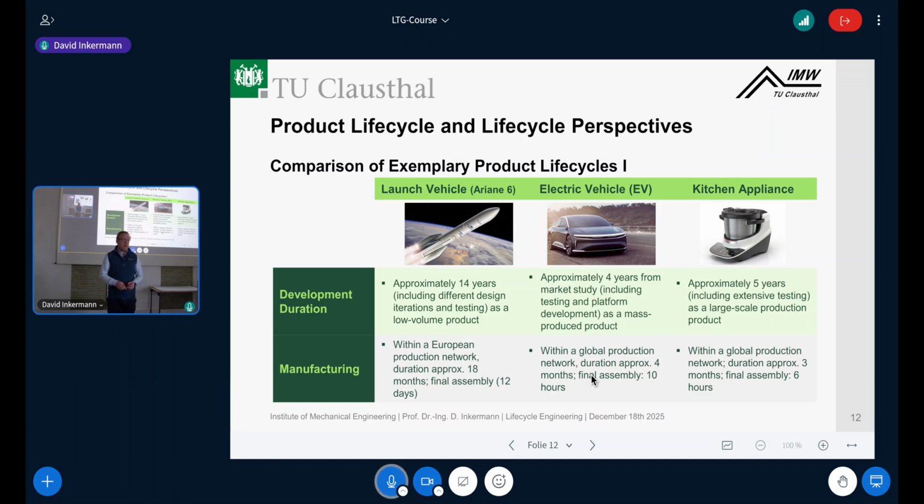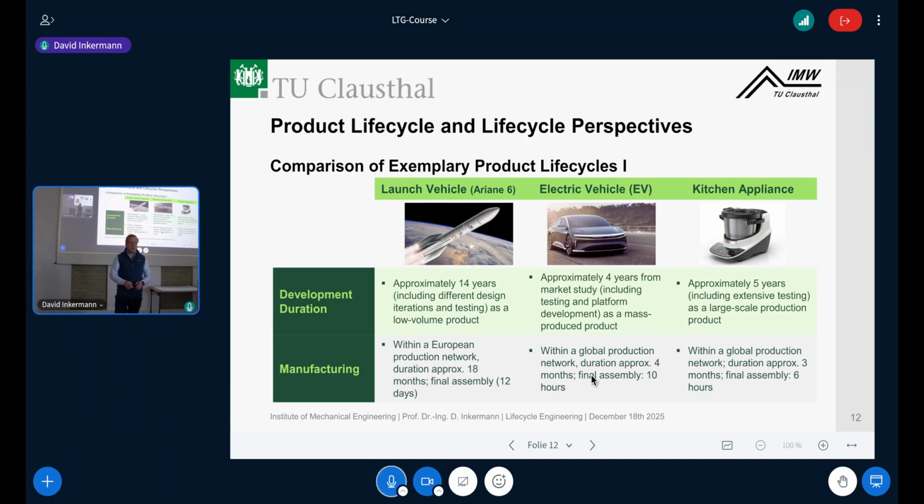On the one hand, if you just would like to understand the duration or the time needed for development, we will see this Ariane program. There's not an official number, but you can read it from the reports. It's about 13 or 14 years that have been spent on developing this product before the first Ariane 6 was launched and was successfully running.